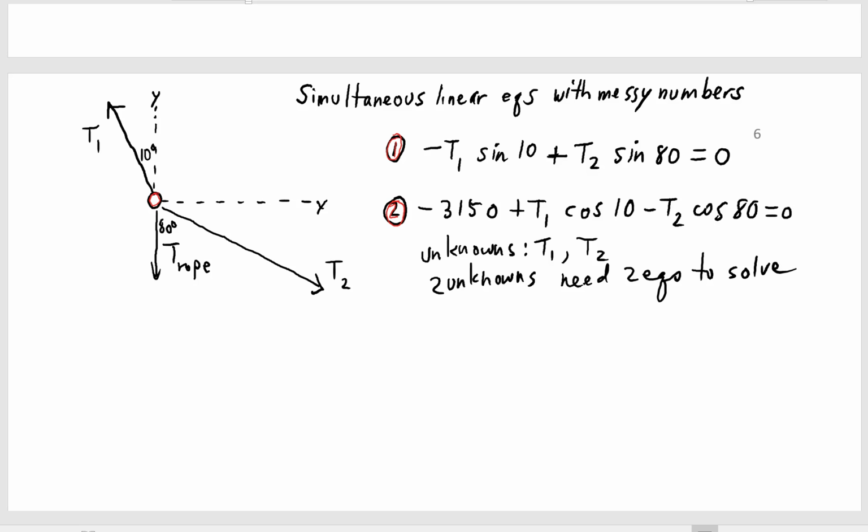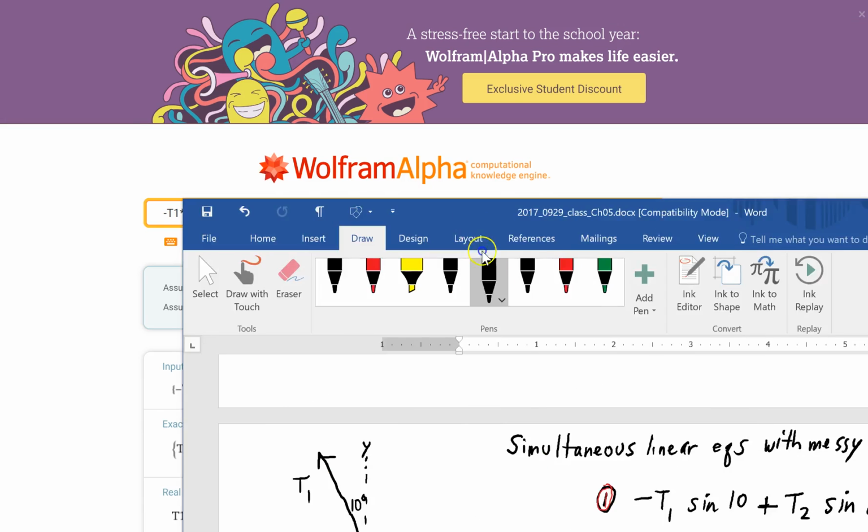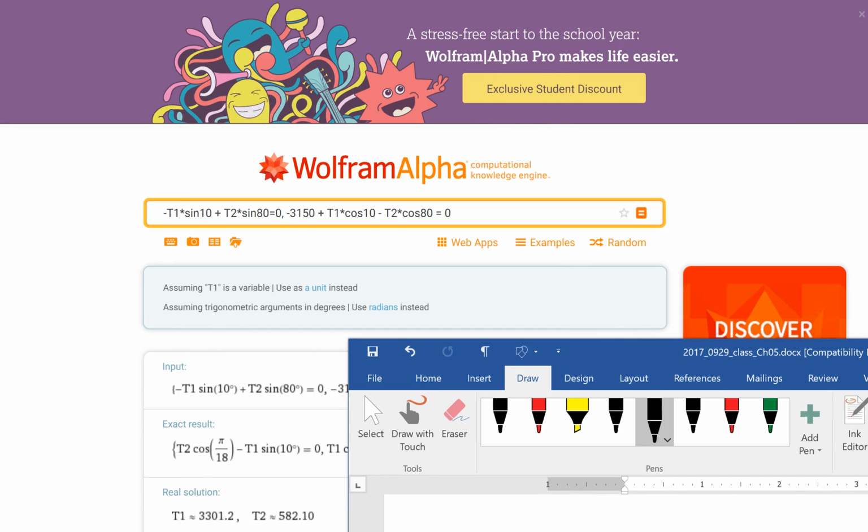Now, because of these signs, the problem is quite messy. So here I will do two ways of solving it. If time is short, the easiest way is to use something like Wolfram Alpha, or you could use your calculator if you know how to use it. So I'll just shift this paper out of the way, and you can see in Wolfram Alpha how I typed in the two commands.